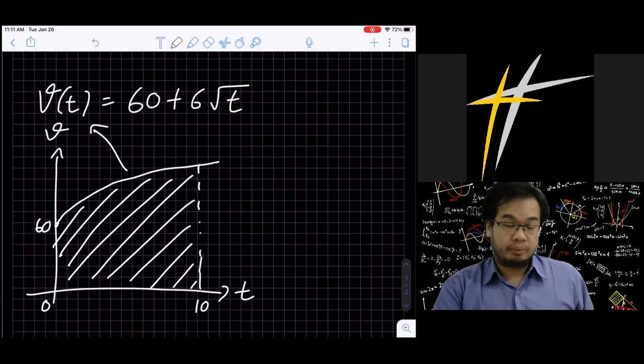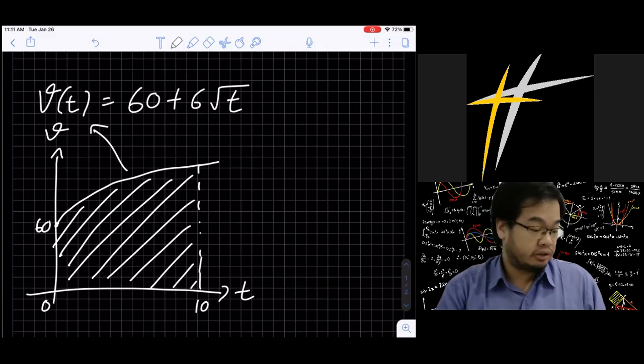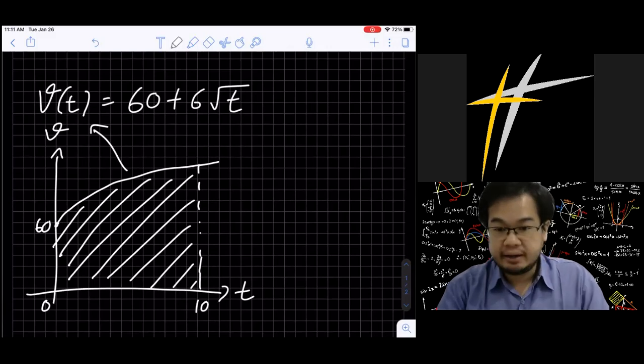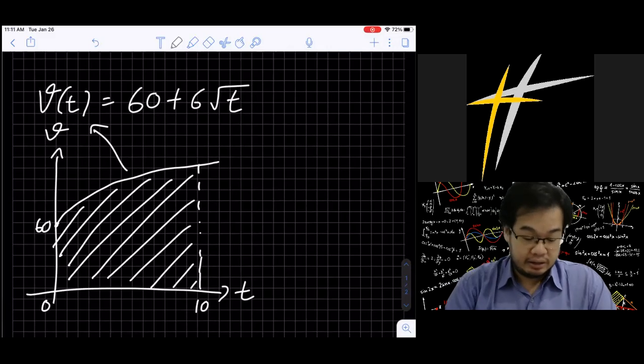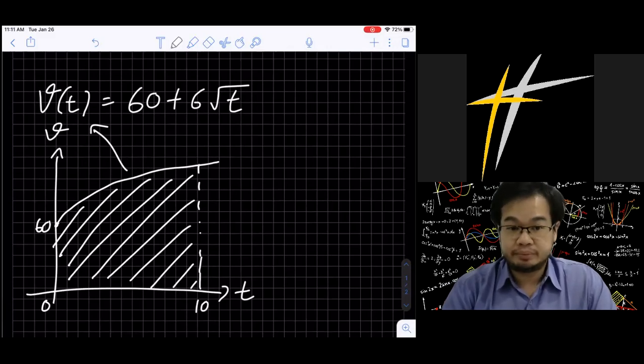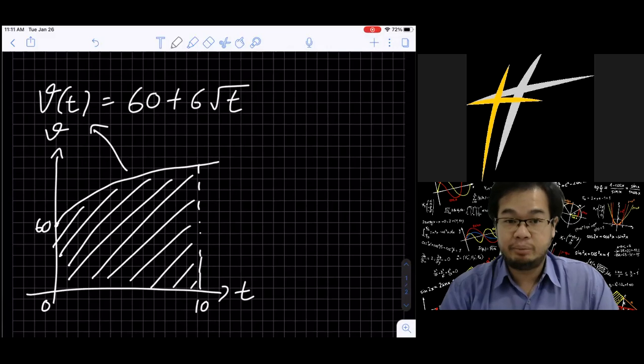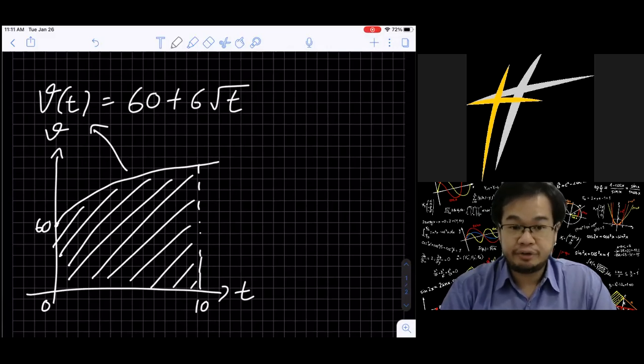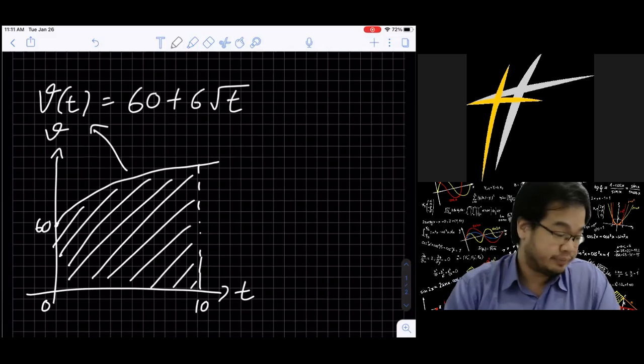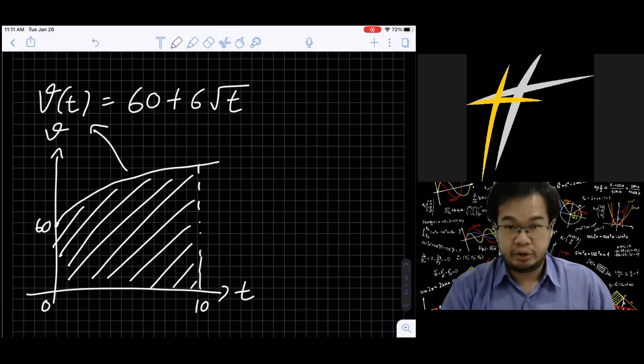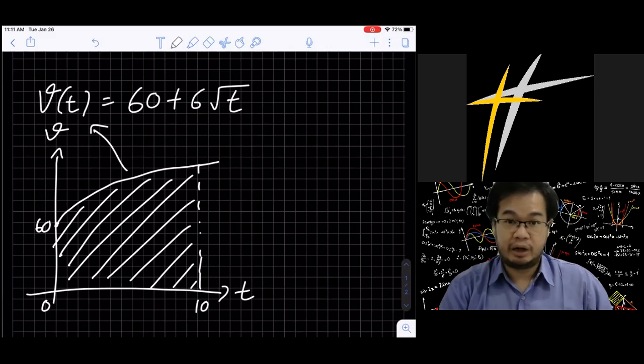So the objective of today's lesson is to apply the definite integral to real world problems where you need to find the area below the graph, and the function, the value of y, varies with the value of x. Of course we need to evaluate it by the fundamental theorem of calculus, so we get the exact value.